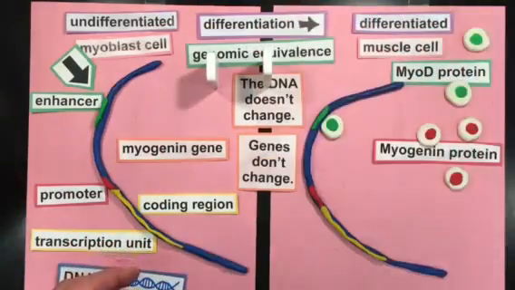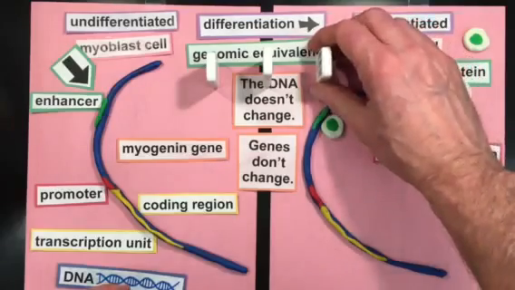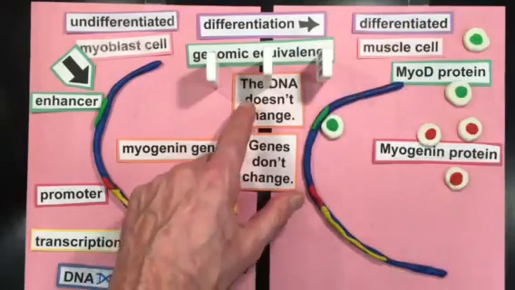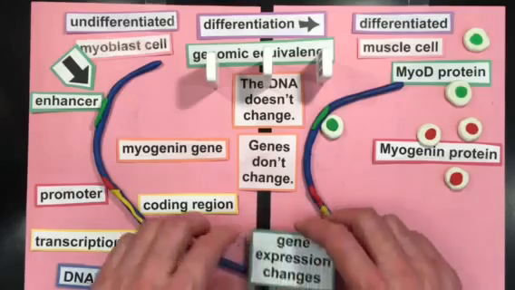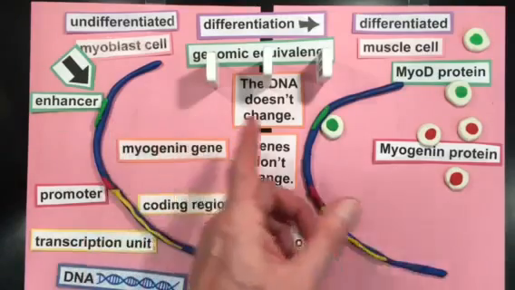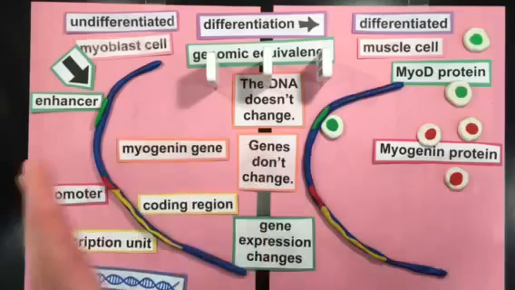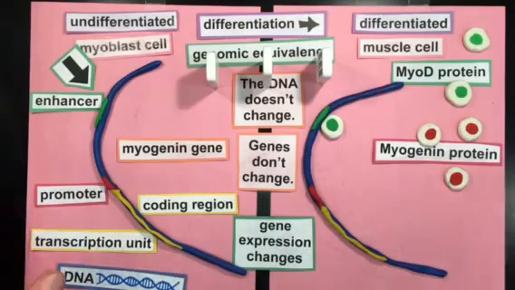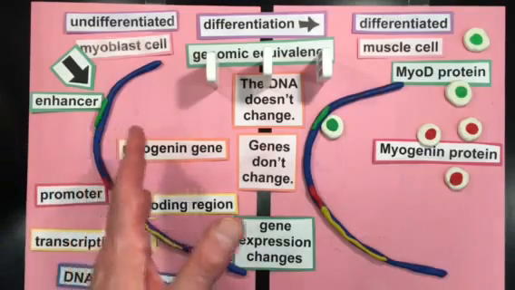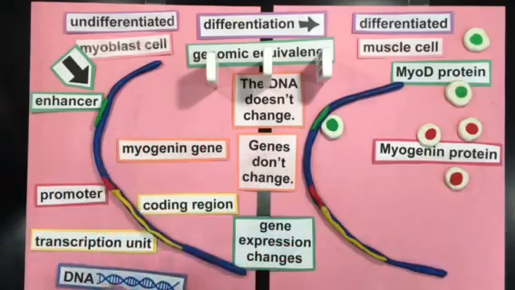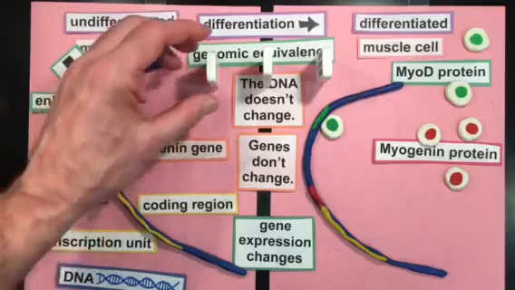The dominoes represent genes. And although the DNA sequence doesn't change and the gene's DNA doesn't change, gene expression changes during muscle differentiation and during differentiation of any cell type. Brain cells, skin cells, kidney cells also all include changes in gene expression during cell differentiation.